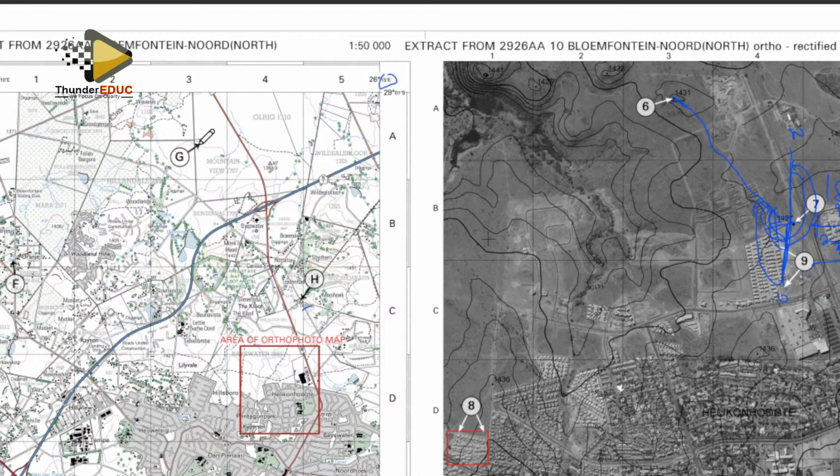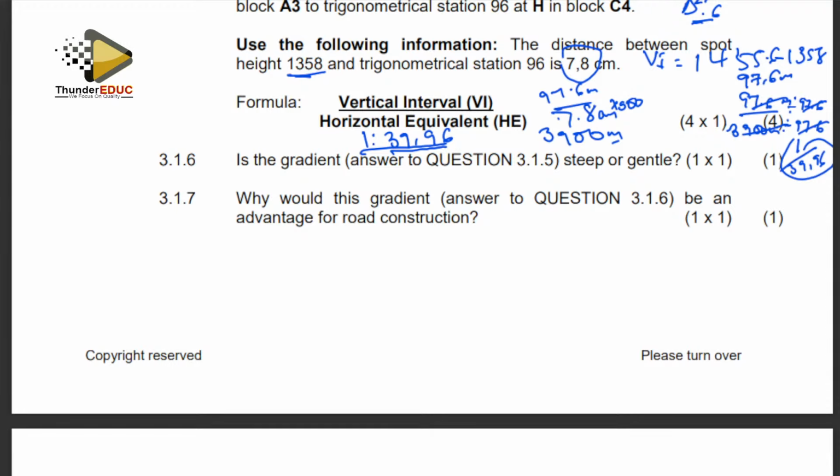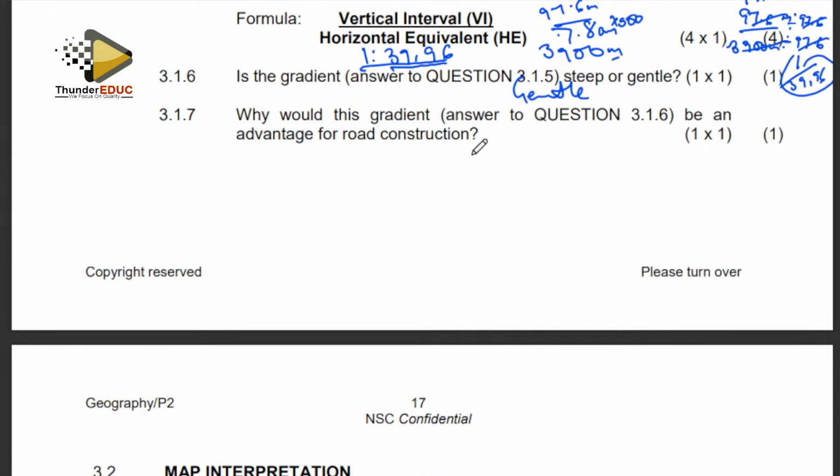But based on the gradient that we have in this area, we shall say that the area is gentle, unless they say using your answer above. If you're using your answer above, that means you will say it is steep. But based on the map that we are looking at, the other side, where we have calculated, the contour lines are far away from each other, which means it is a gentle gradient.